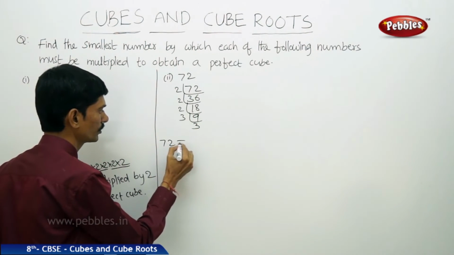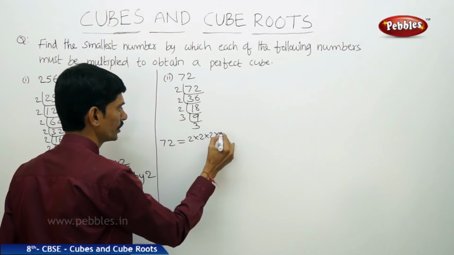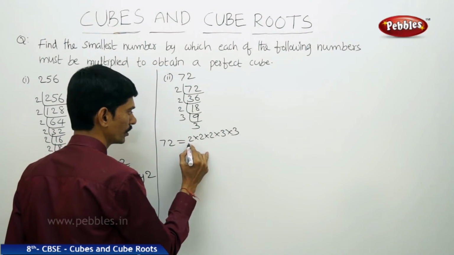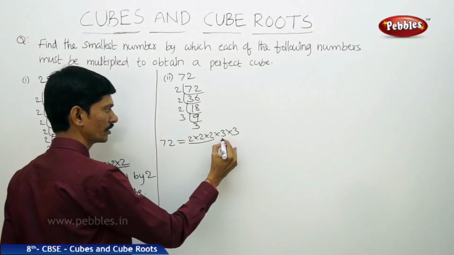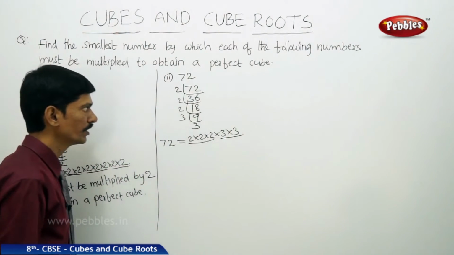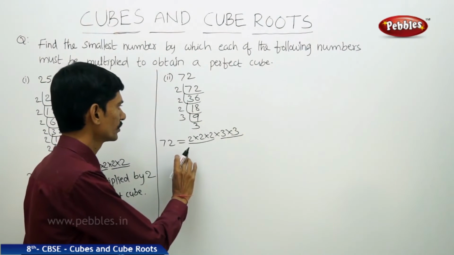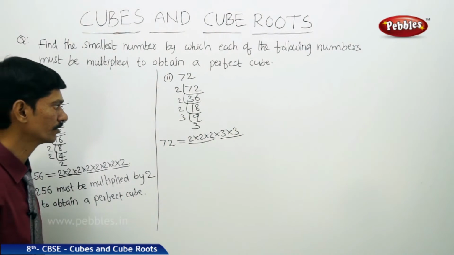Now 72 equals, we can write that 2 into 2 into 2 into 3 into 3. Here the first prime factor 2 appears 3 times. But the second prime factor 3 appears only 2 times, so it is not a perfect cube. So we need to multiply the given number 72 by 3 to obtain a perfect cube.